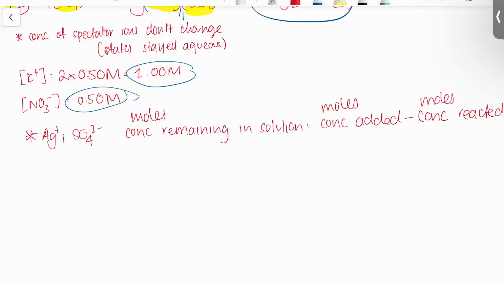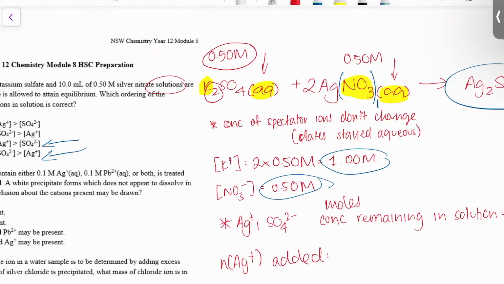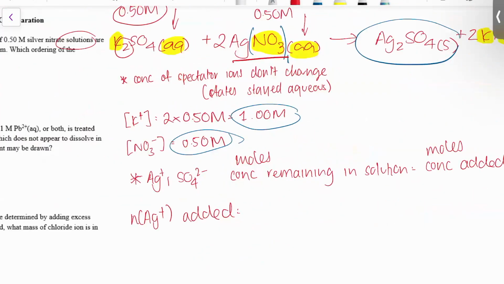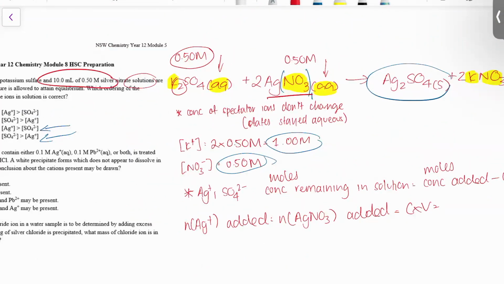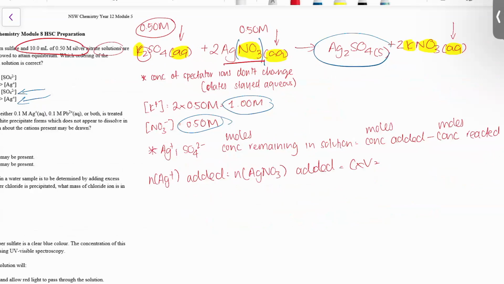So moles of Ag plus added is a 1-to-1 ratio with AgNO3, just like the NO3 was, is equal to the moles of AgNO3 added, which is equal to C times V, 0.5 molar and 10 mils. So 0.50 molar times 0.01 liters gives me 0.005 moles added.